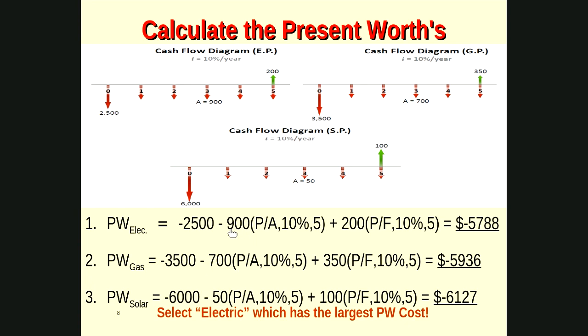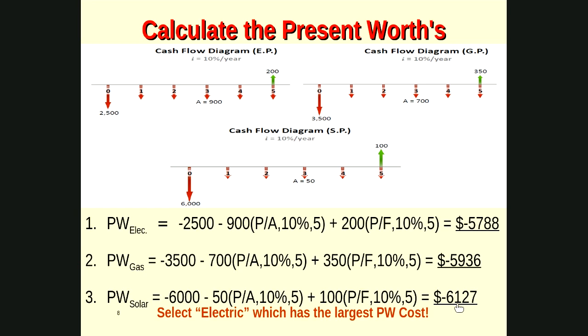When you calculate all that, all of you know from chapter 1 how we convert that to a value from the table. You add them all together and you will get the result, which is minus 57.88. For the gas project, you apply the same and you will get minus 59. For the solar, you will get minus 61.27.